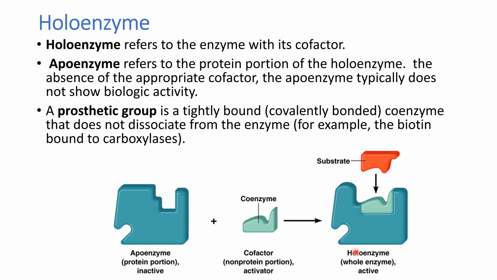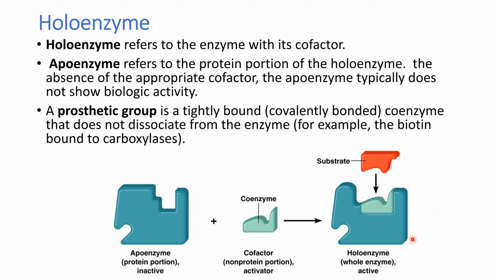The final, third one is basically the example of the holoenzyme. Holoenzyme is basically the term used for the whole set, which has the enzyme with the cofactor or the coenzyme with it, and this is completely known as the holoenzyme.